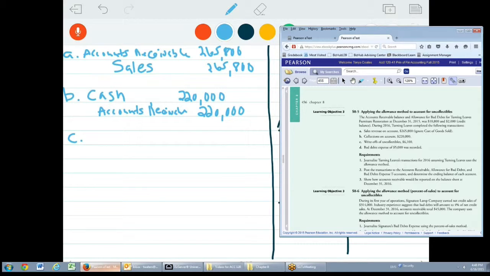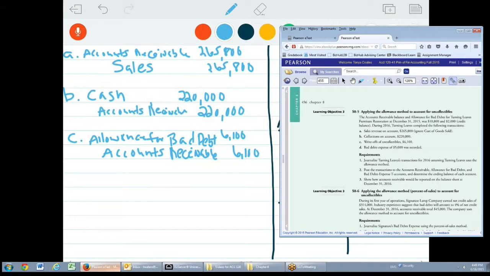So in transaction C, we're going to debit the allowance for bad debt account and we would credit accounts receivable to remove the account from our books. So we would debit the allowance account for $6,100 and credit accounts receivable for $6,100.